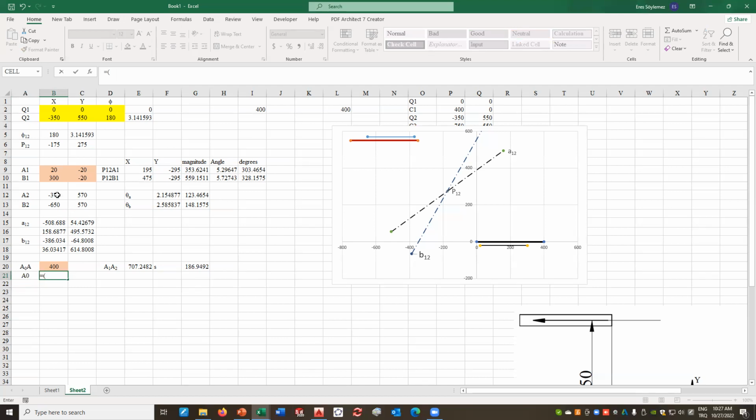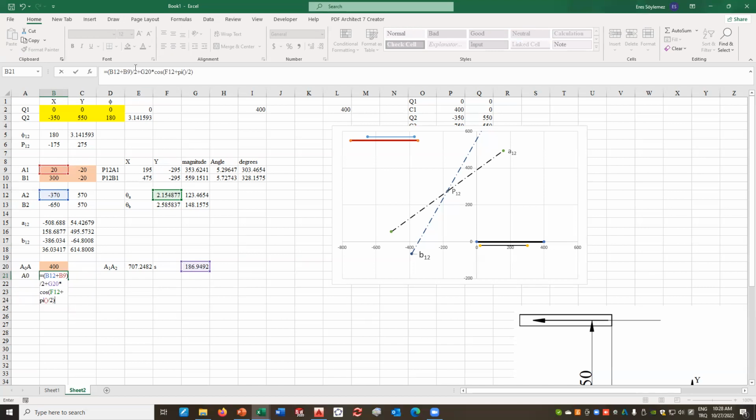It is A2 plus A1, close parentheses, divided by 2, which is the midpoint, plus S, the length S, times cosine of the angle theta A, the angle A0A makes with respect to the horizontal, plus pi over 2. Is that okay?